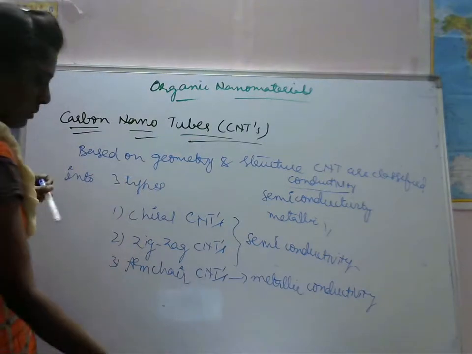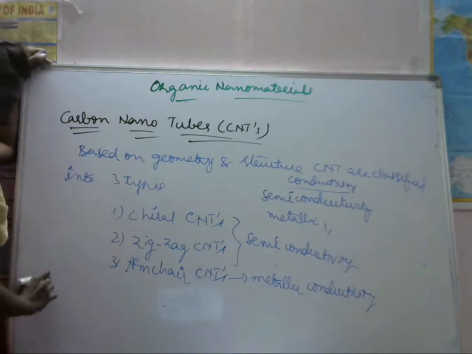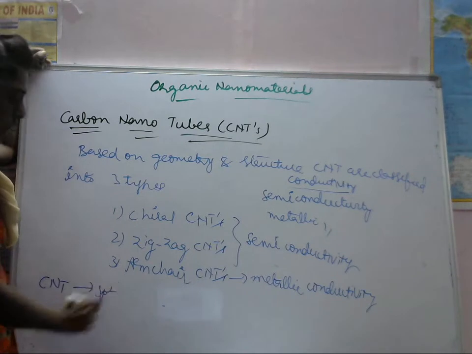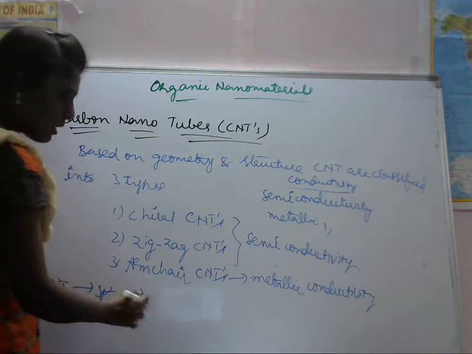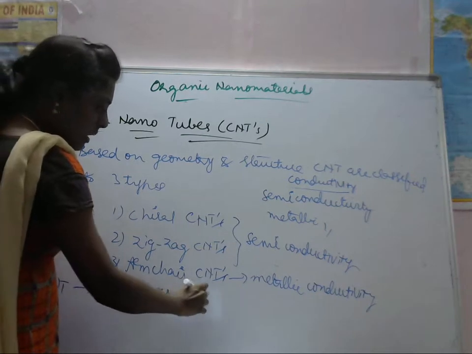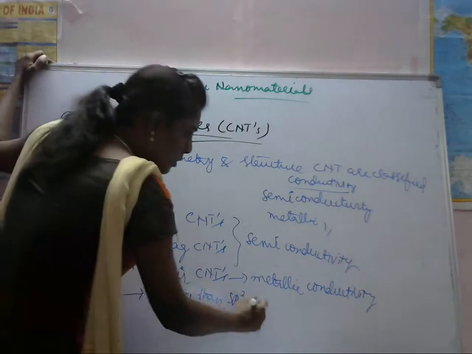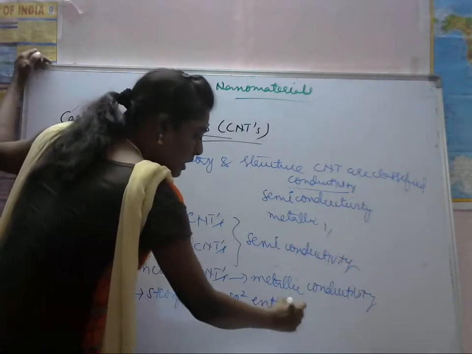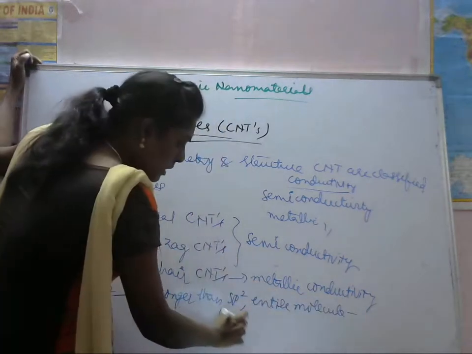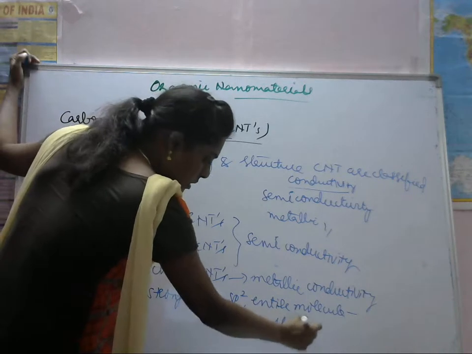So I will write one thing. CNTs have sp2 hybridization. These are stronger than sp2. The entire molecule has unique strength. Okay.